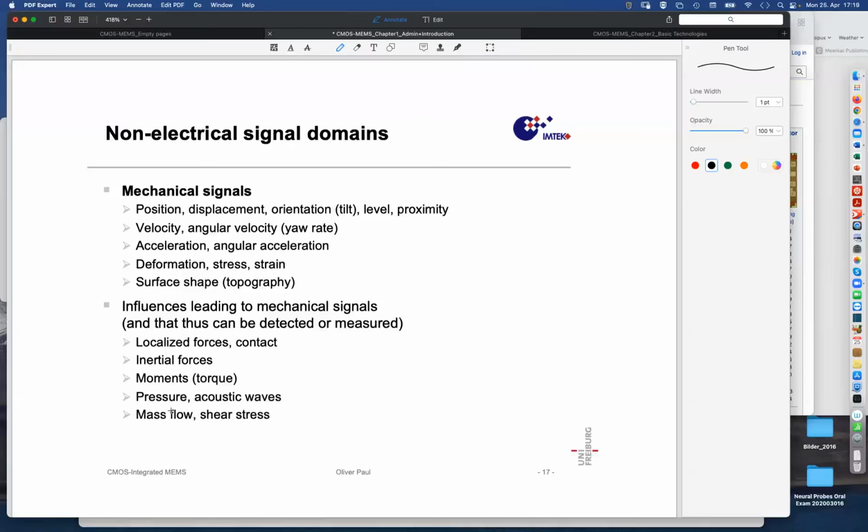Mass flow also causes mechanical forces. If a flow of some substance goes over a surface, because of the viscosity of this fluid, the fluid pulls on the surface. There's friction within the fluid.